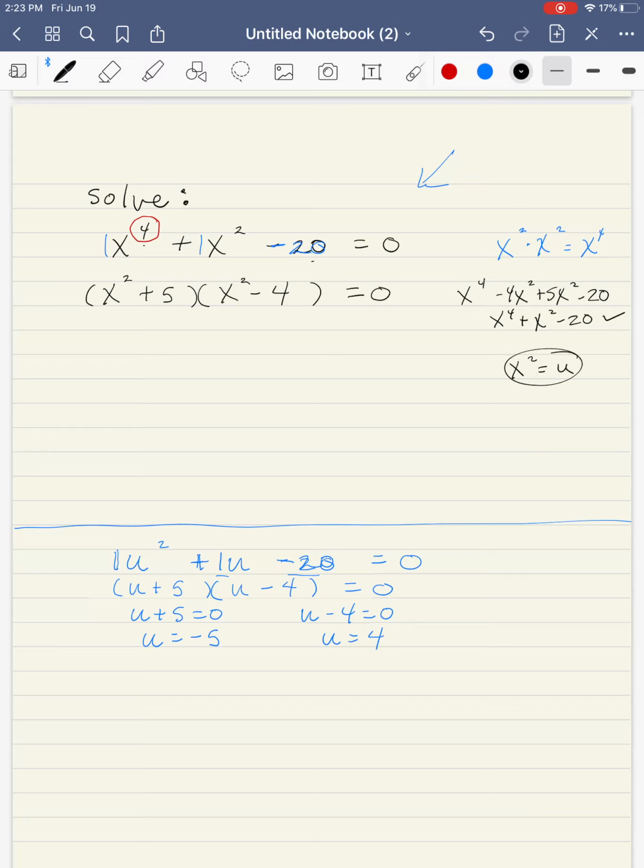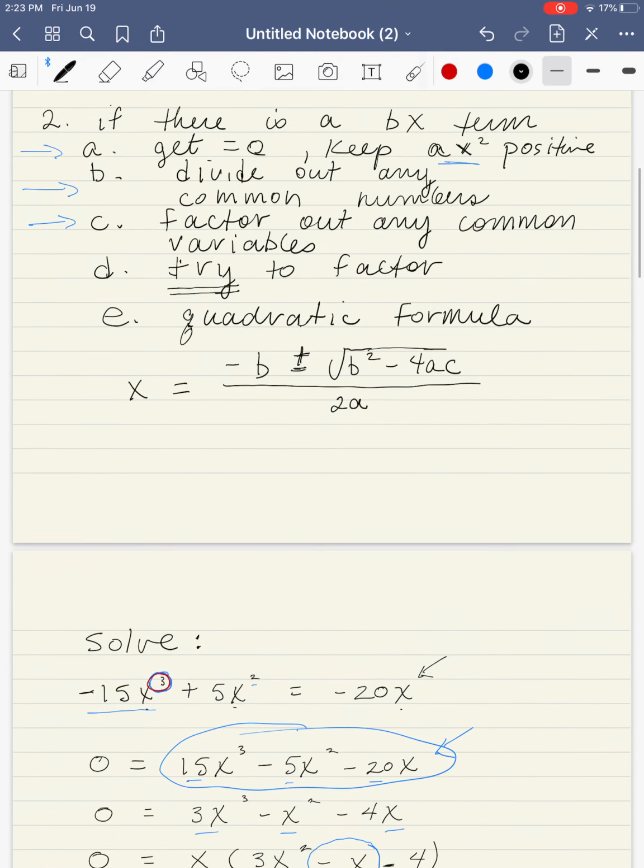So I can let x squared replace the u in this equation. And notice now that I have two separate factors here. x squared plus 5 has to equal 0, or x squared minus 4 has to equal 0. And even though I still have an x squared in there, this process still works.